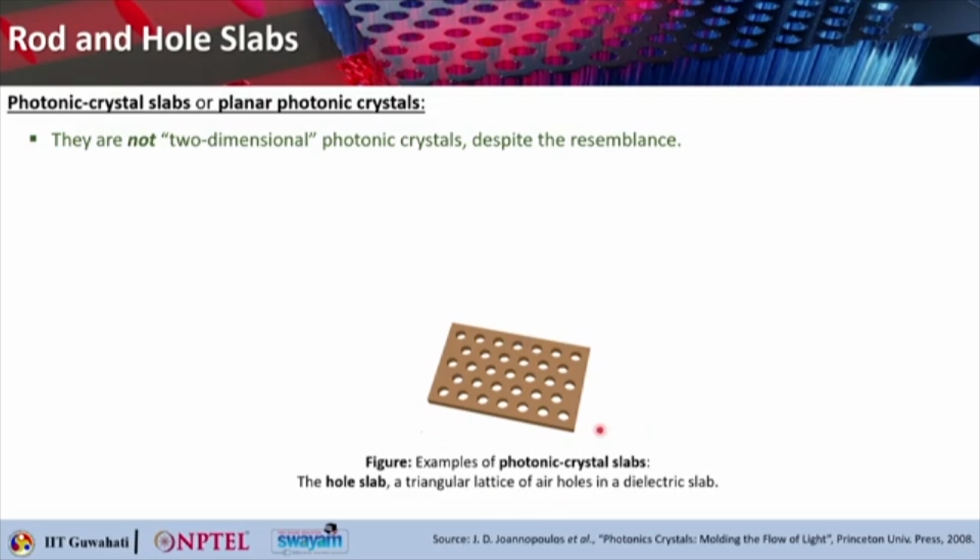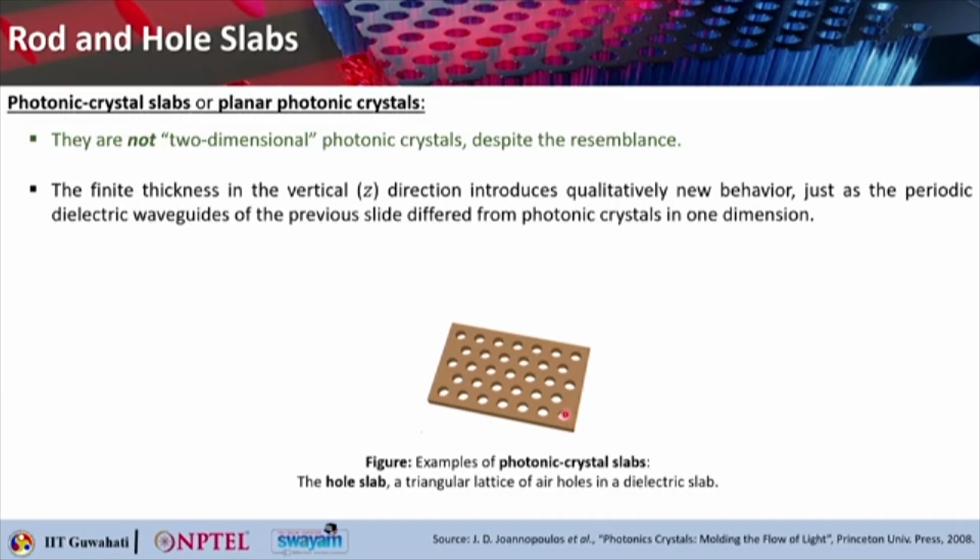In the case of a 2-dimensional photonic crystal, these cylindrical holes would have been infinitely long, but that is not the case. This shows a hole slab, which is a triangular lattice of air holes in a dielectric slab, but it has a finite thickness.